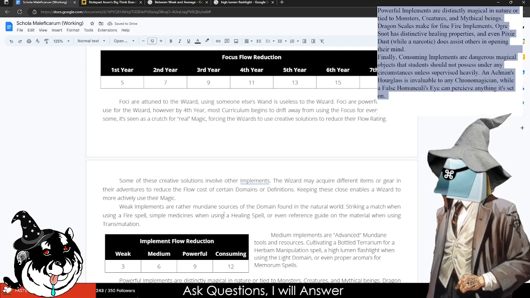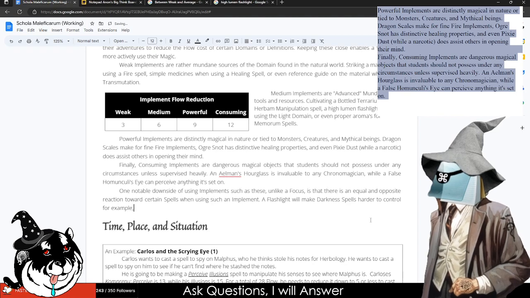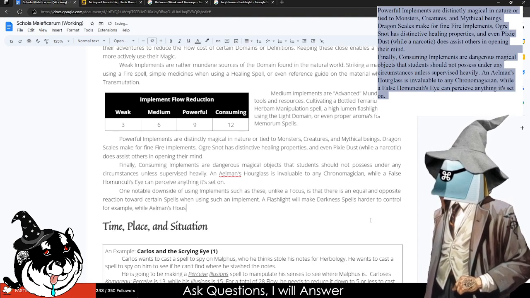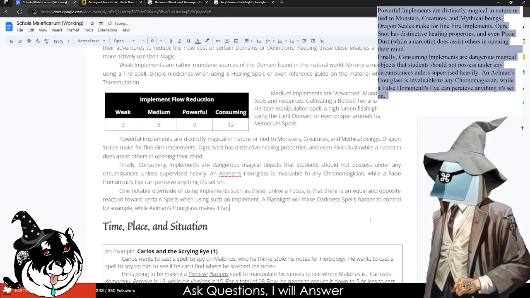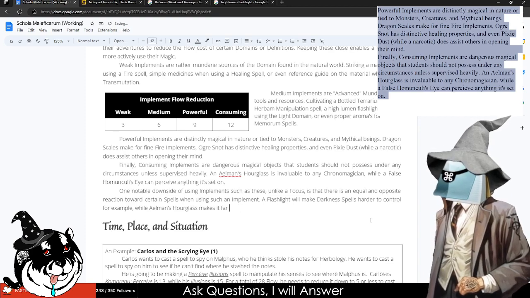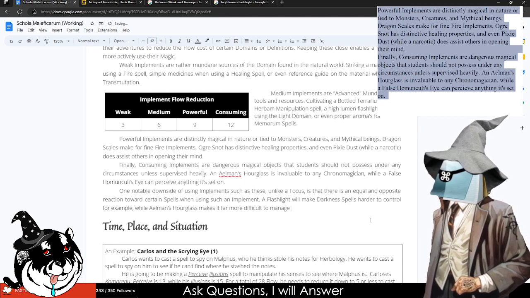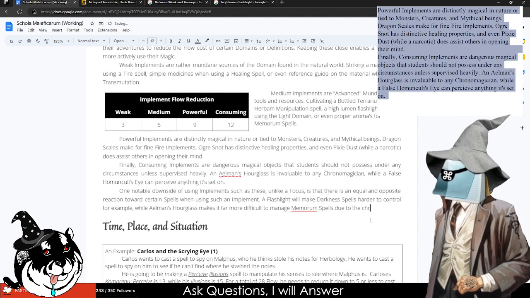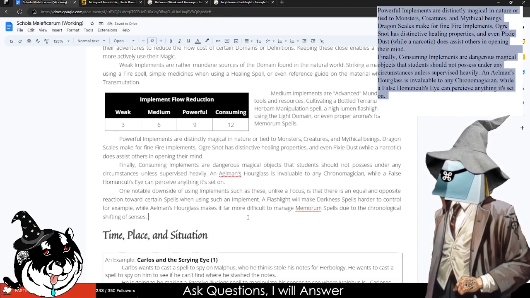For example, Ailman's hourglass makes it far more difficult to manage memorum spells due to the chronological shifting of senses.